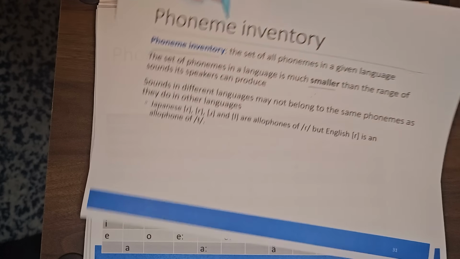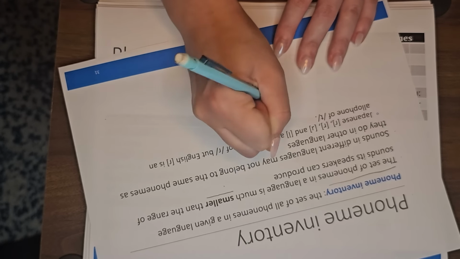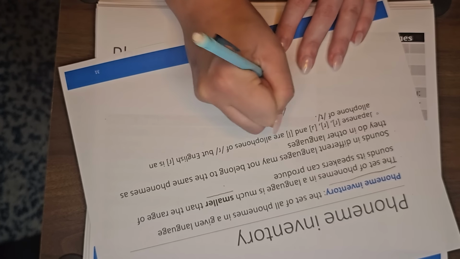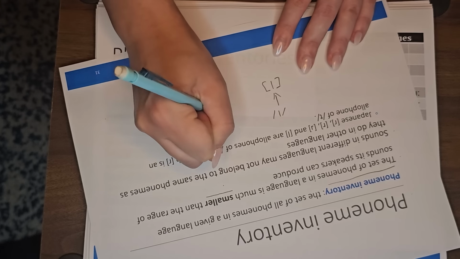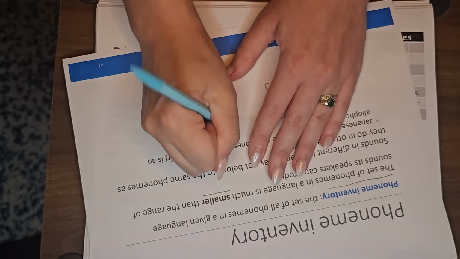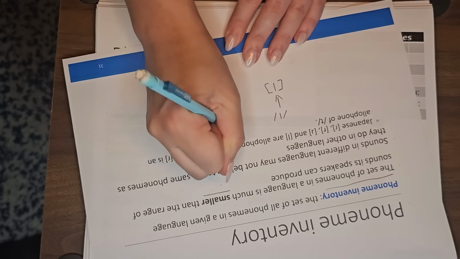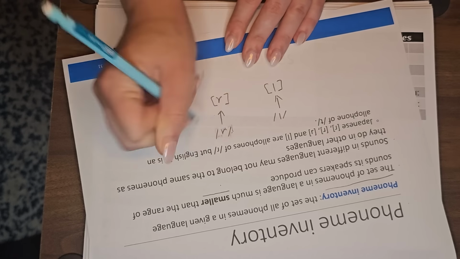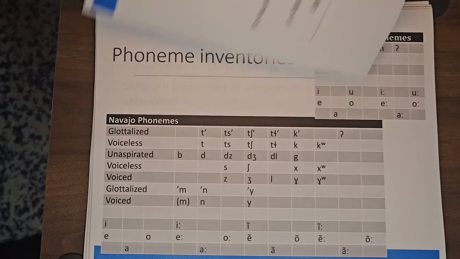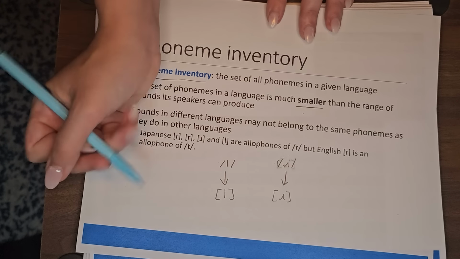So once again, in English, l and r are phonemes.